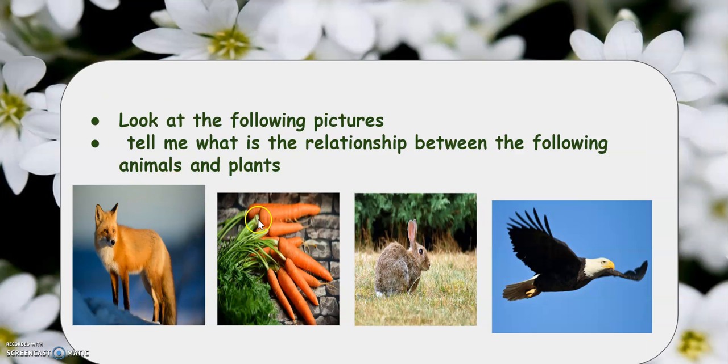Then I give my students some practice on what they already learned, and my role is to go around and check that they are engaged and working and give them feedback about their answers. So I asked them to look at the following pictures. I give them sample pictures, and I asked them to tell me what is the relationship between the following animals and plants.